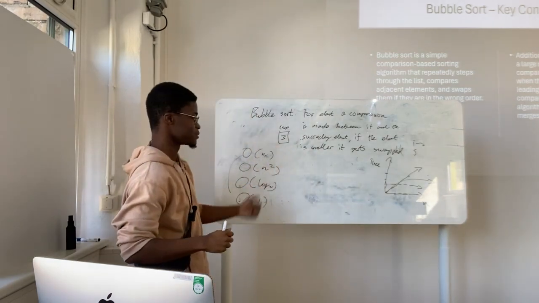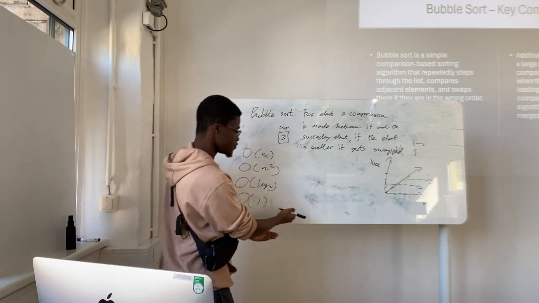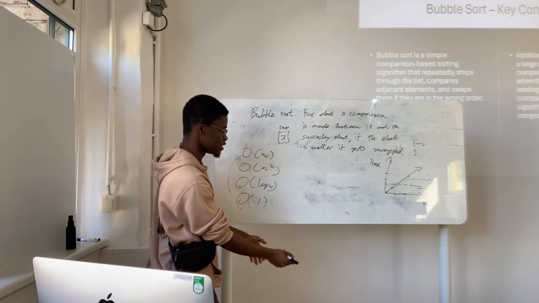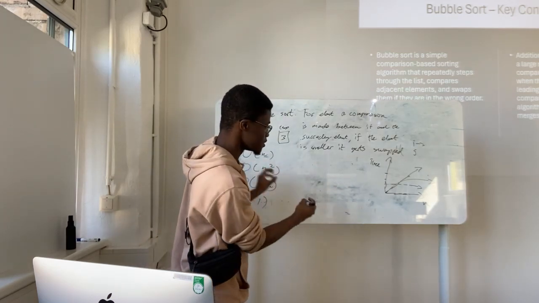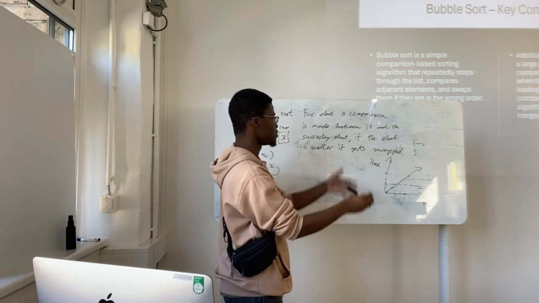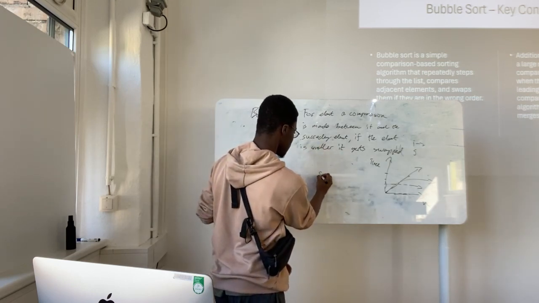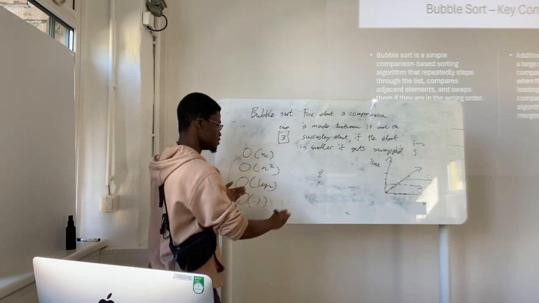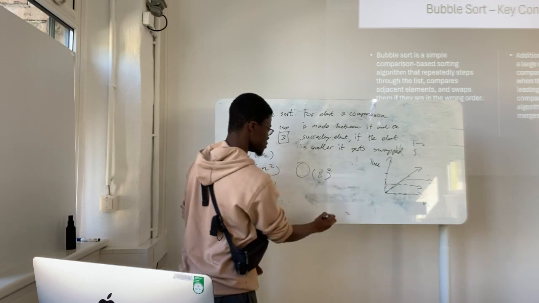I haven't even explained n squared actually. So quadratic time, I kind of talked about exponential time, but quadratic time is going to be the number of elements. So let's say our elements are 8. We're going to keep on using 8. Our elements are 8, and the time is going to be order of 8 to the power of 2.